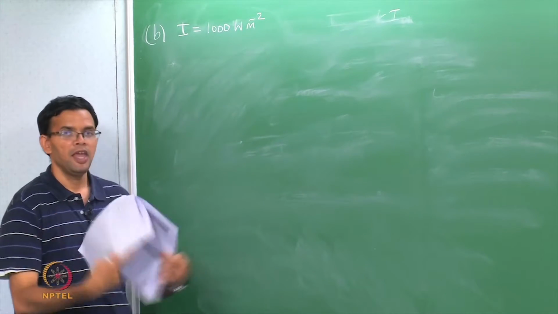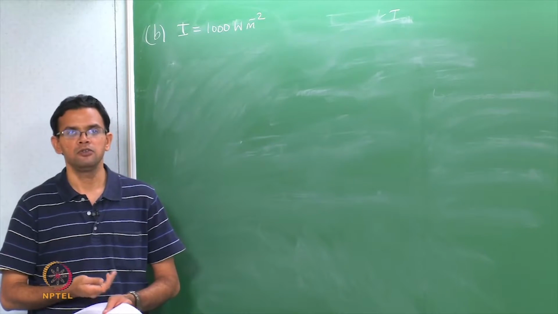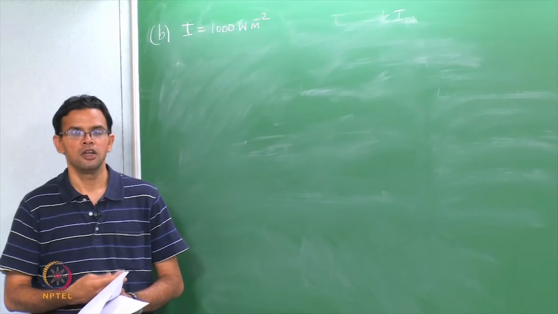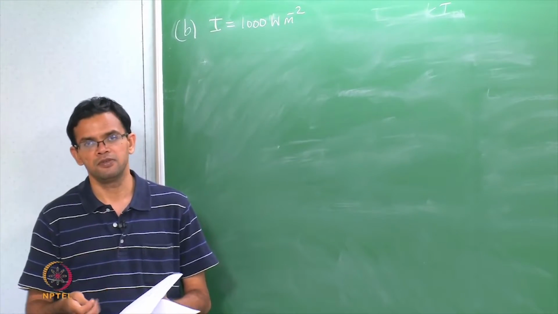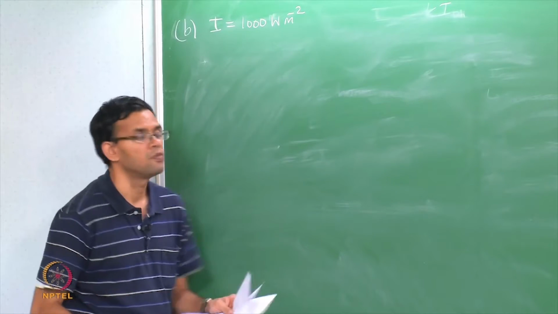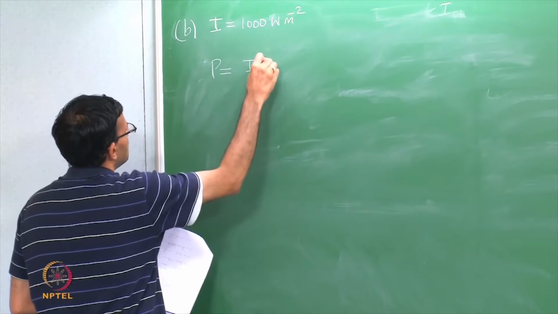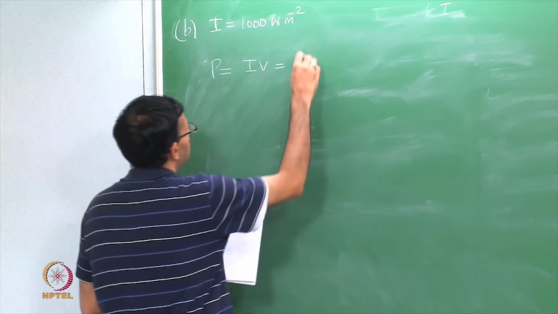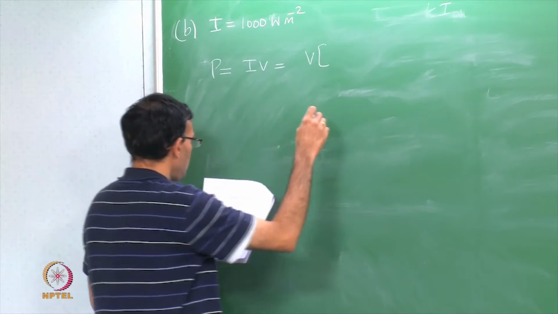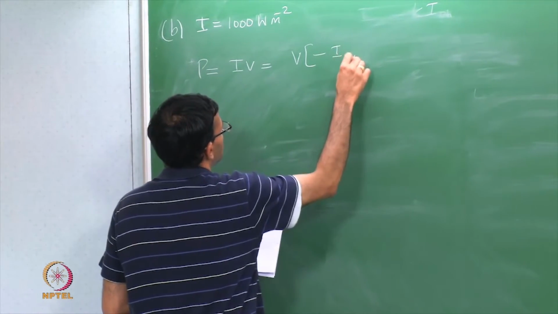In problem A we essentially looked at the load for a given value of current and voltage. We now have to find out the load at which the power transfer is essentially maximum. So, power P is nothing but I times V, which can be written as V times minus I of 1000.